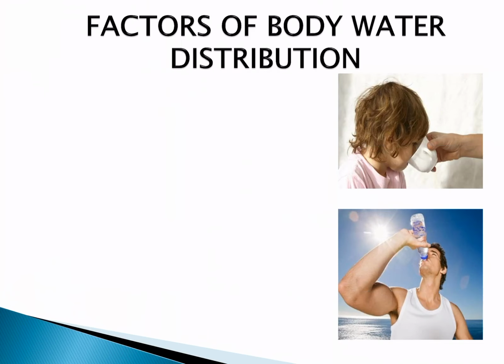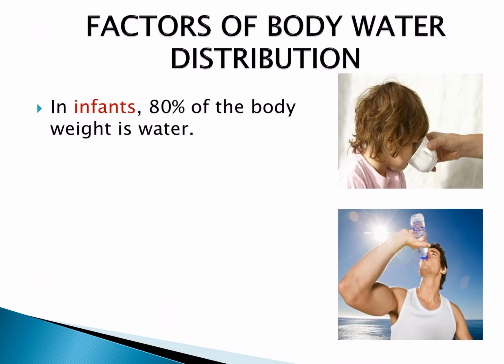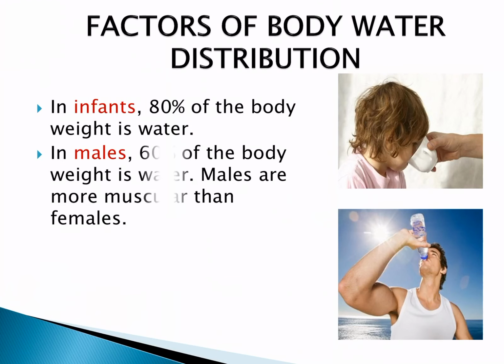So now we'll proceed with the factors of body water distribution. In infants, 80% of the body weight is water. In males, 60% of the body weight is water. Males are more muscular than females.